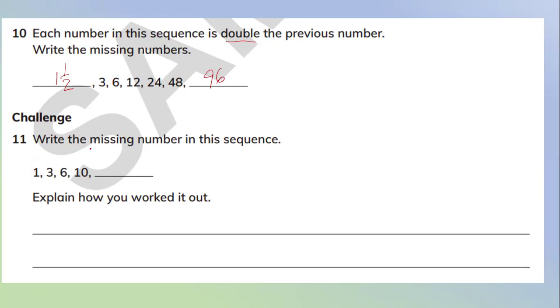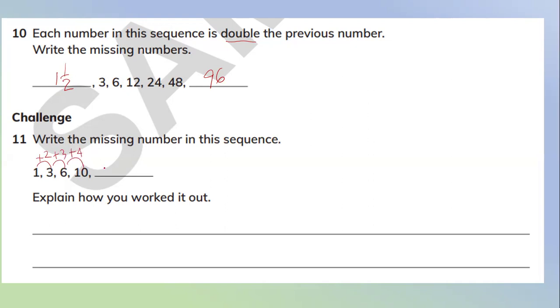Challenge number 11, write the missing number in this sequence: 1, 3, 6, 10. Explain how you work it out. 1 to 3 is plus 2, 3 to 6 is plus 3, 6 to 10 is plus 4.